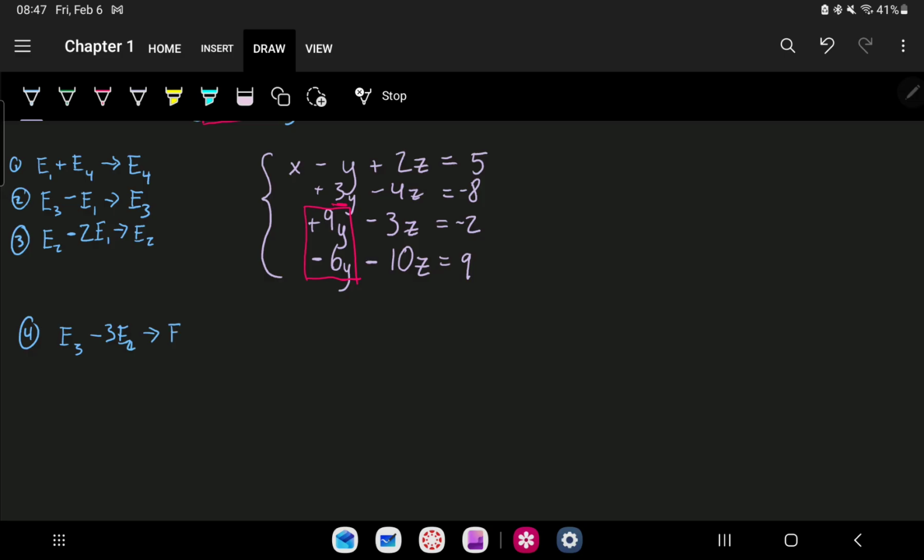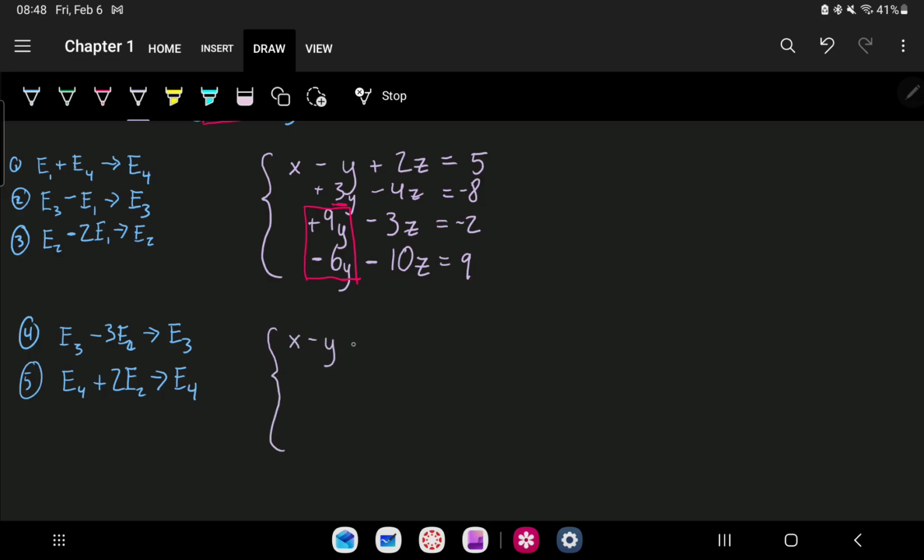and that's going to be the new equation 3, right? So I'm basically going to multiply everything in equation 2 by a negative 3, and then those will cancel out. Similarly, we'll do the same thing with equation 4 with a multiple of positive 2 on equation 2, and doing that in the exact same way that we did the first time.